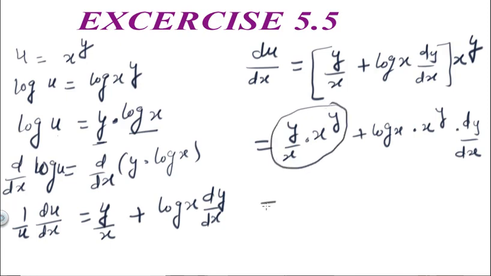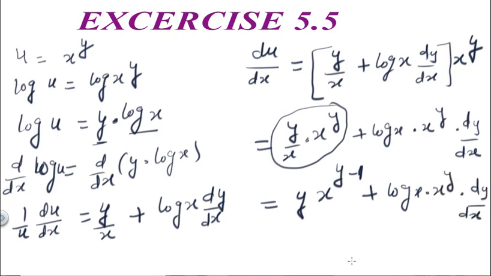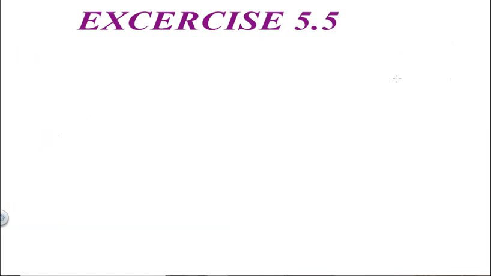As you see, x to the power y and x are in division. The bases are same, so the powers will get subtracted. So it will be y, x to the power y minus 1, plus log of x into x to the power y into dy by dx. Now I am naming this as equation number 2. Clear?